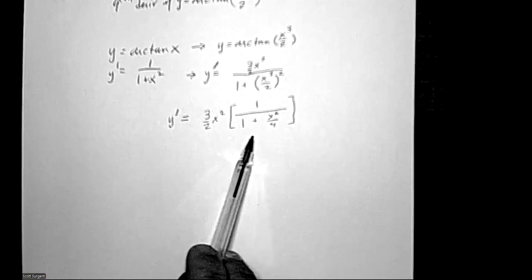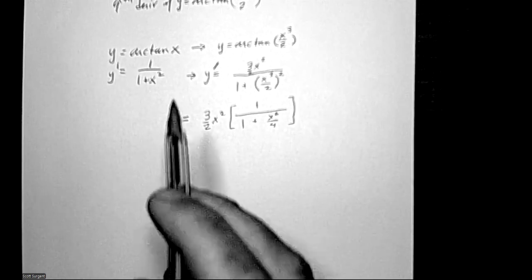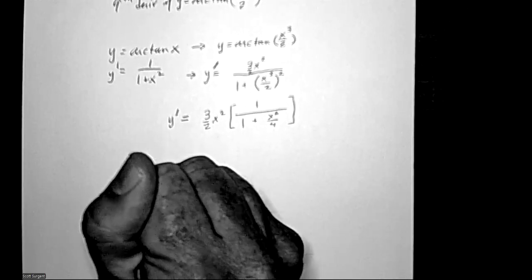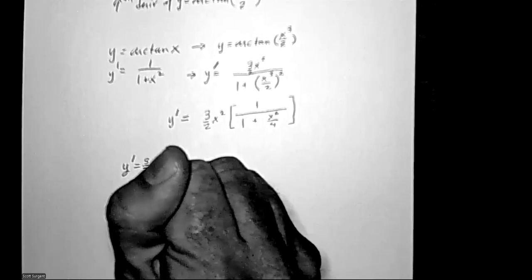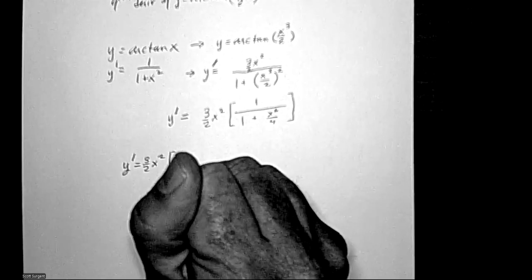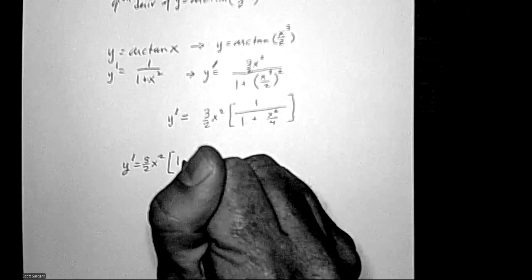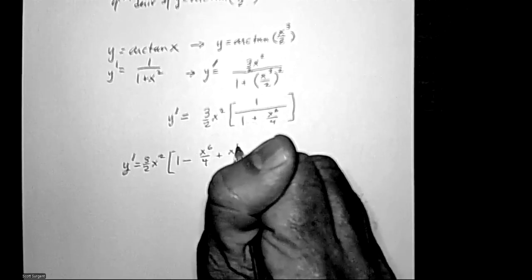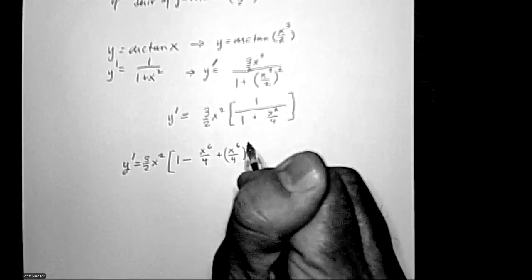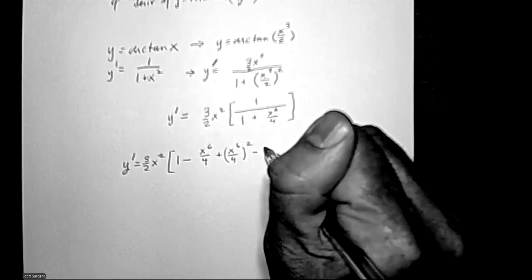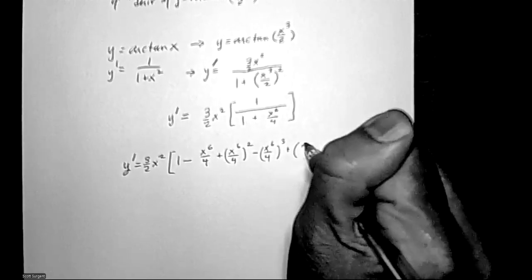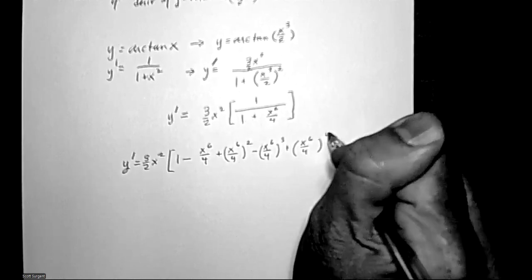Now I'm going to write out a few terms. It's going to be 1. Now this is going to be alternating, so it's going to be 1 minus x to the 6th over 4, plus x to the 6 over 4 squared, take away x to the 6 over 4 cubed, plus x to the 6 over 4 to the 4, etc.